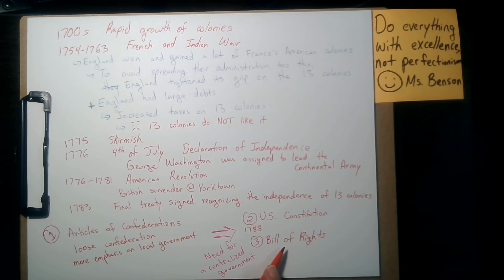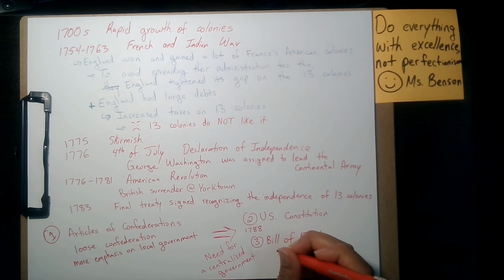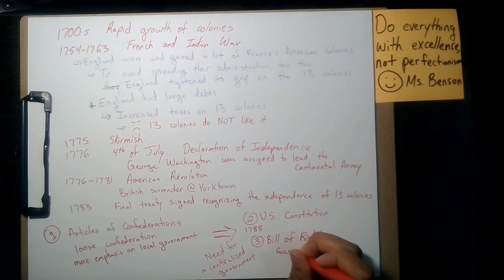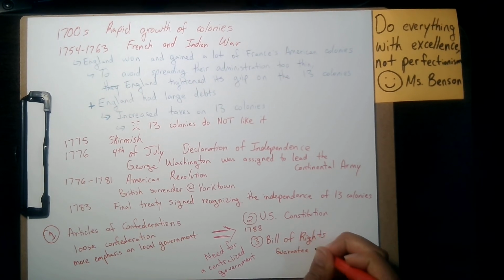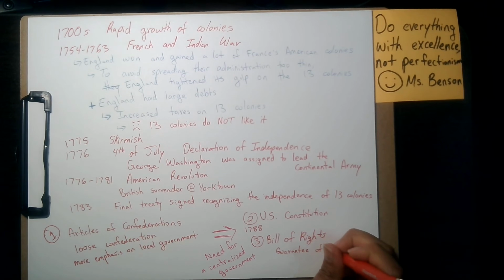They wanted guarantees for their personal freedoms, like freedom of religion, the right to bear arms, freedom of speech, freedom of assembly. So they guarantee individual freedoms.